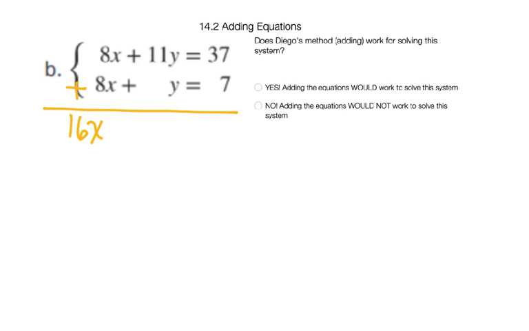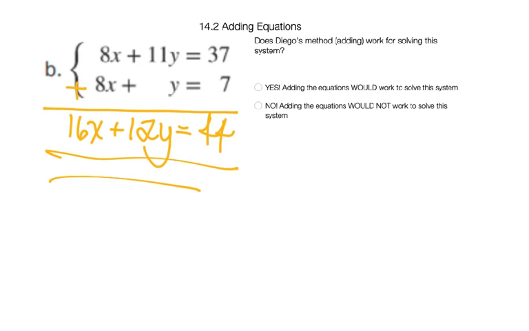If I have 11y and I add one more y, I have 12y. And when I take 37 and I add 7, I have 44. So take a look. Adding those two together didn't work. No, it did not help me solve this system.